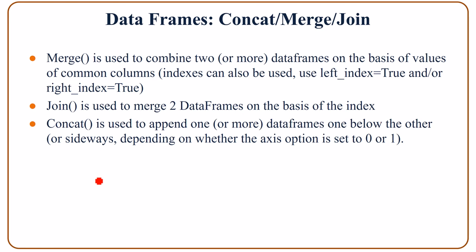And concat, for concatenation, is used to append one or more data frames on top of the others, or sideways, depending on the option for axis. So if the axis is 0, then the data frames would be put on top of each other. And if it is 1, then they would be on the side of each other.